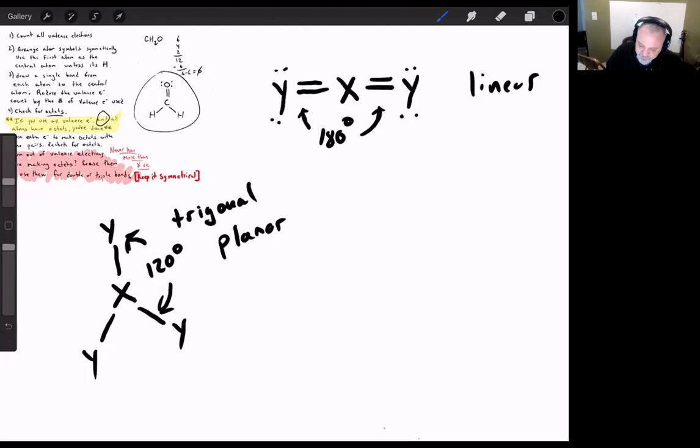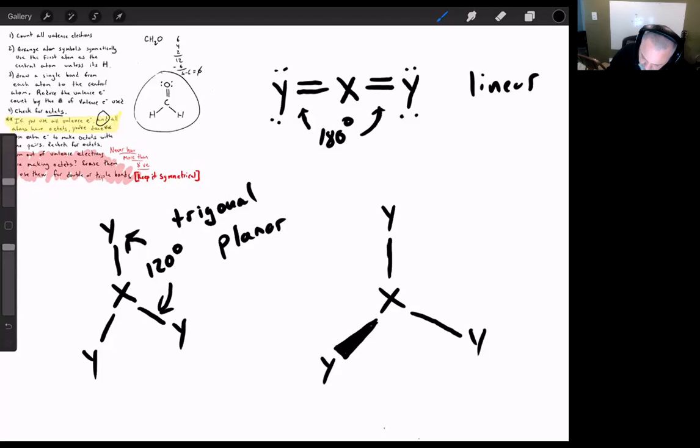The only thing that I didn't talk about specifically is what happens in this situation. And I'm going to use the 3D model. This is the tetrahedral model. What's the bond angle in a tetrahedron?